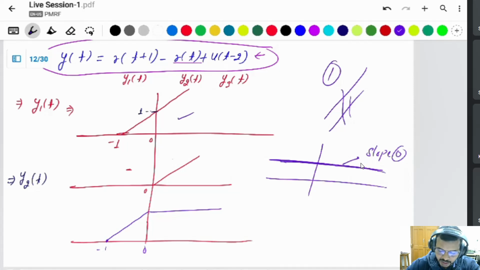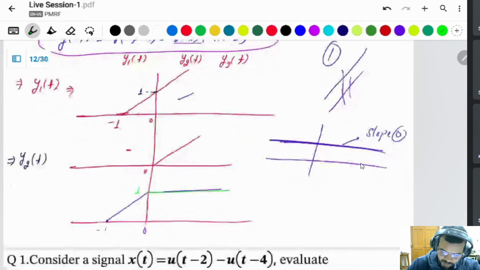Can't we say the signal is 0 here, because a ramp signal is subtracted from another ramp signal? No, this is not correct. Only the slope is subtracted from this one, and the slope is 0. The signal becomes a constant from 1. Okay.